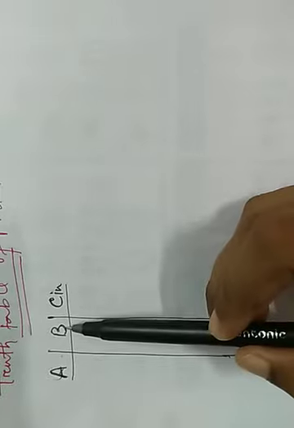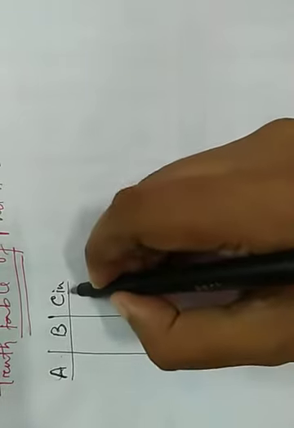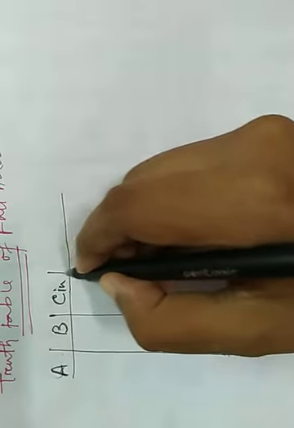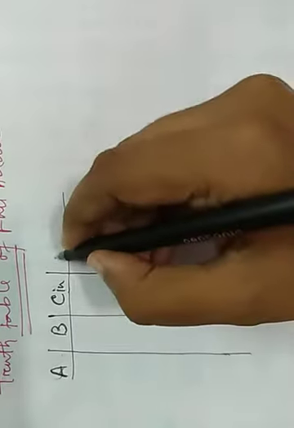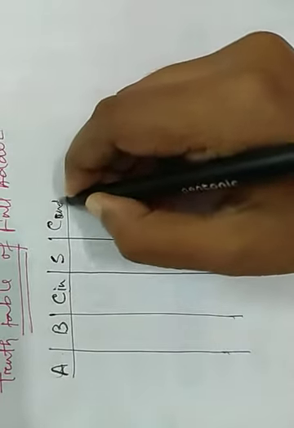A, B are the 2 input lines and C in is the carry in from the previous output, and after adding, we get one output for sum and another for carry out.